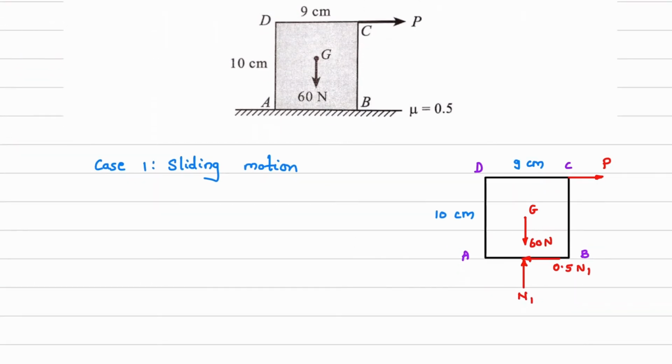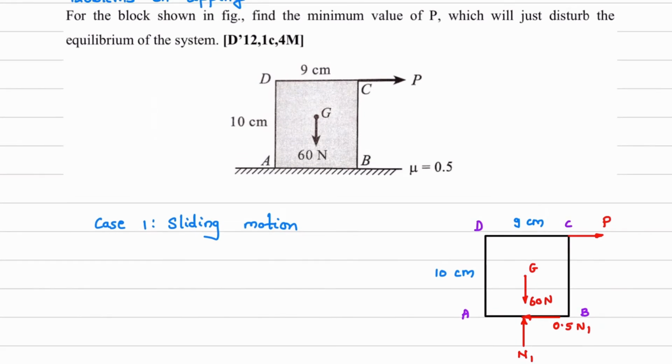Now here FBD has been shown of sliding motion. Okay, so what is given? This is block A, B, C, D. Height is 10 centimeter and width is 9 centimeter. Weight of the block is 60 Newton, which is acting at CG, and load is applied at this location, point C. And the mu value between the block and the horizontal surface is 0.5.